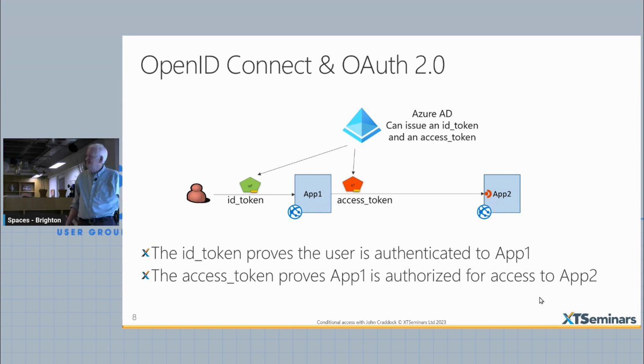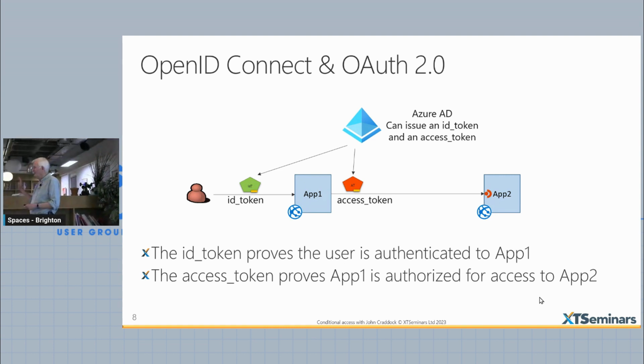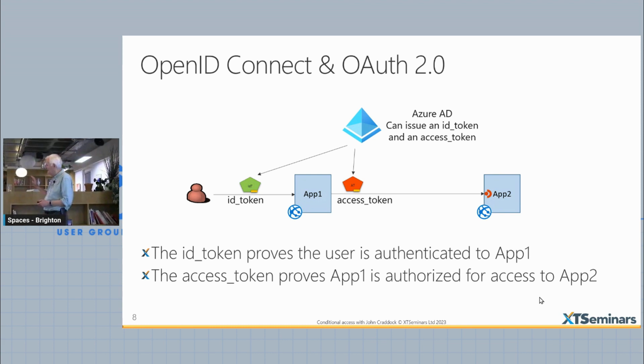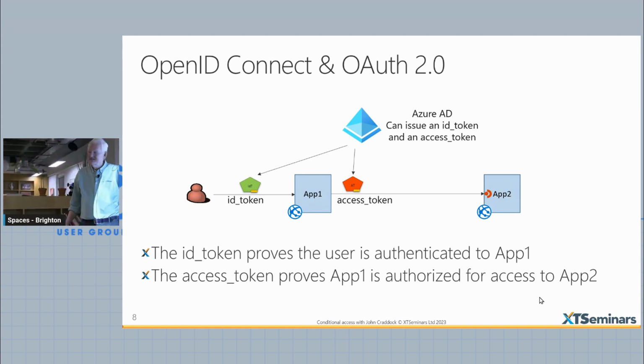Well, if this app needs to carry on doing things when the user's disappeared, you could say, make it really long. The problem is, if you make it really long, you are never going back to Azure AD to ask, can I have a new one? So there's never a chance of Azure AD saying, no, you're no longer valid to have one. So to solve that problem, the access token lifetime is kept relatively short.